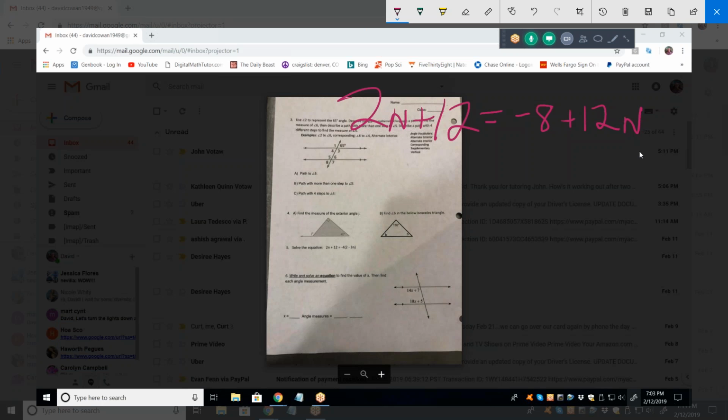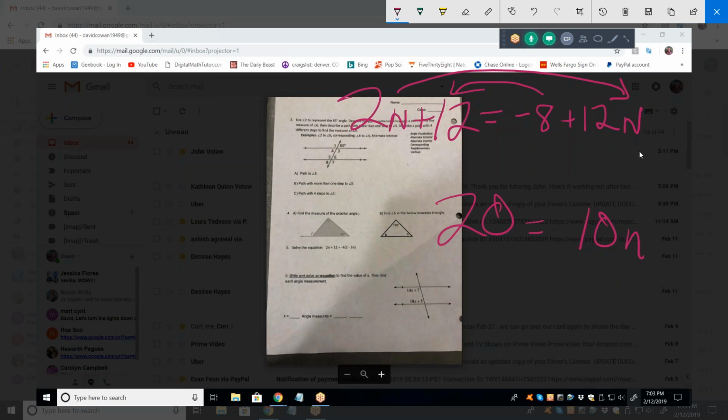I can subtract 2n from both sides, or I can subtract 12n from both sides. And that will put n's all on one side of the equation. Which side do I want n's on? I would probably 2n. Yeah, because that will leave a positive coefficient. So I'm going to move the 2n over to there, and that's going to give me 10n. And I'm going to move the 8 over to there by adding 8. That's going to give me 20.